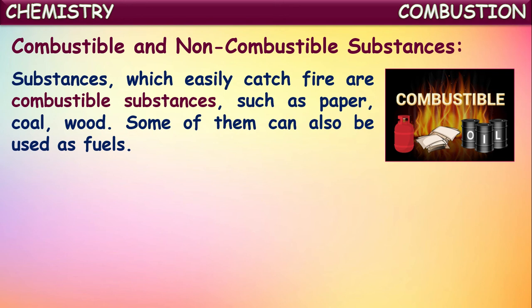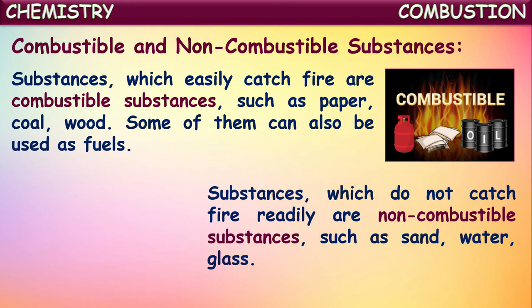What is meant by a combustible substance? A substance which easily catches fire and continues burning is called a combustible substance, and these are also used as fuels. On the other hand, substances which do not catch fire readily are called non-combustible substances.